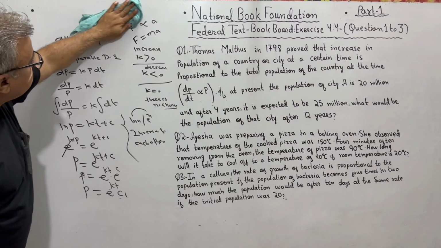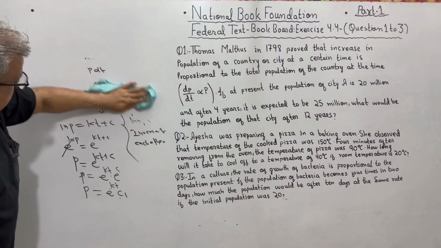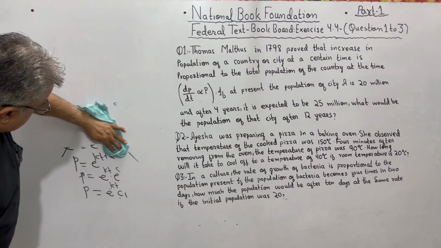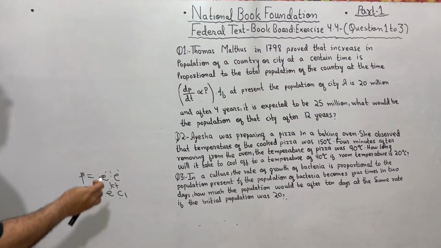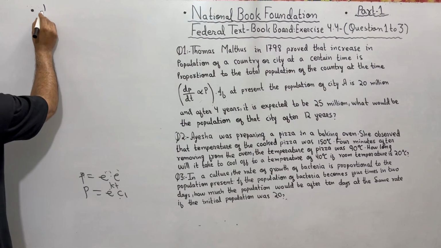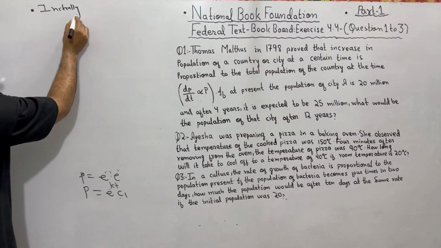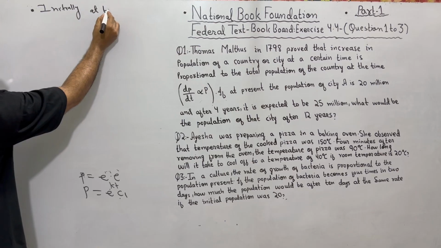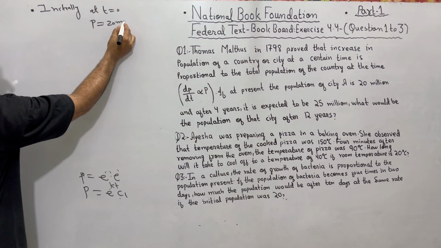Let's see how. Initially, initially means at t equal to 0, the population is 20 million. It is given to us.